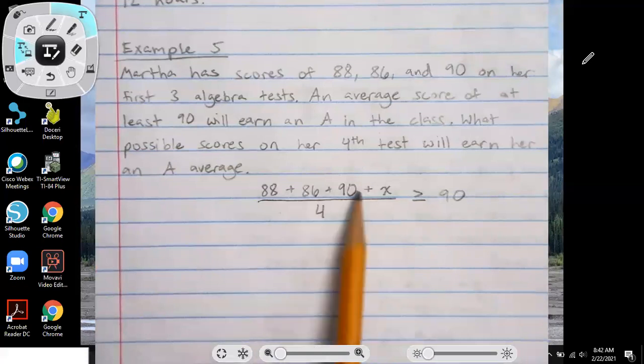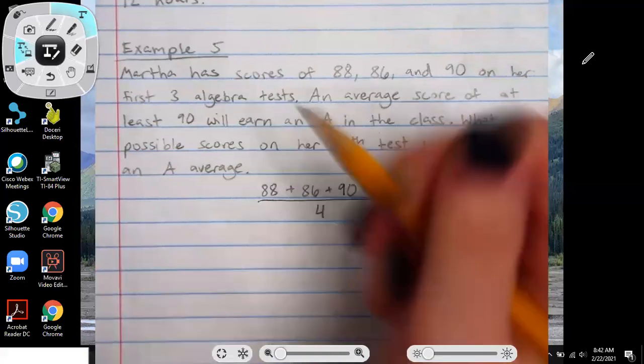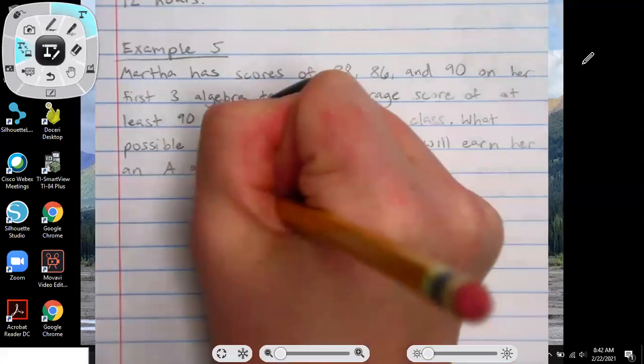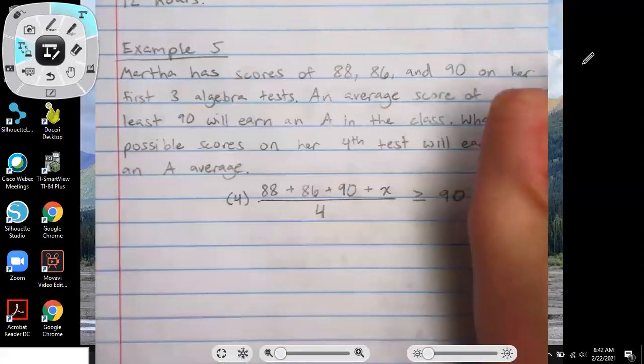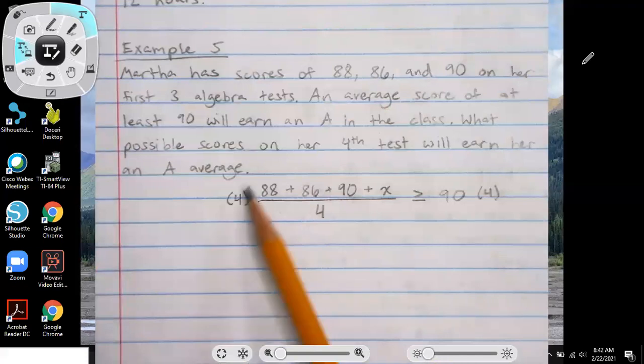Okay, let's get rid of this fraction by multiplying both sides by the denominator. So we're going to multiply both sides by 4 so that these 4s will cancel out.